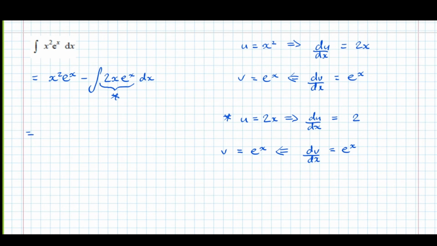So equals x squared e to the x minus, and that integral becomes uv, 2x e to the x, minus the integral of v du by dx dx. Remember, the minus sign applies to all of that.